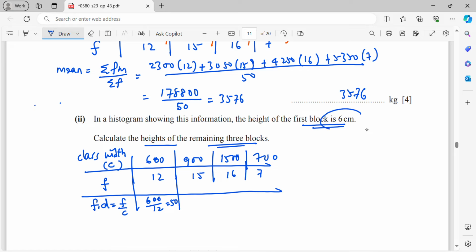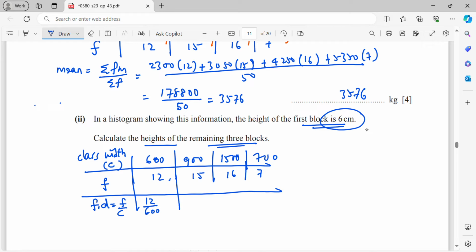Okay, and then it is given that the height is 6 centimeters. I need to get 60. Okay, wait. Okay, mistake here. Frequency over class width. Frequency is 12, not 600. It should be 12 over 600. So now here, look at here. 12 over 600. Okay, so it will be 1 over 50.